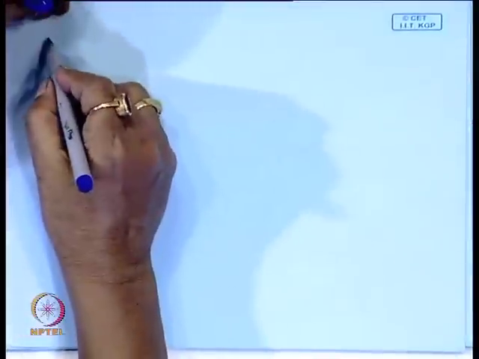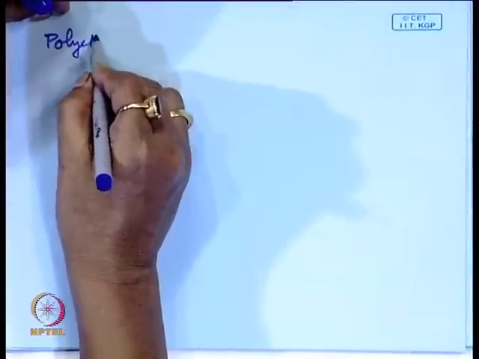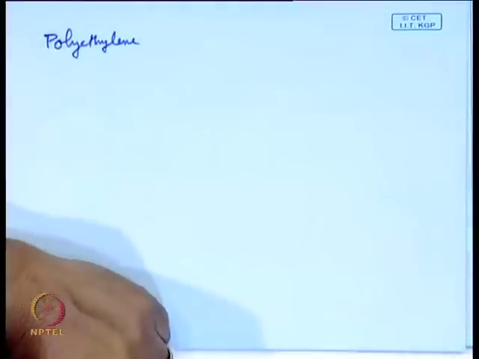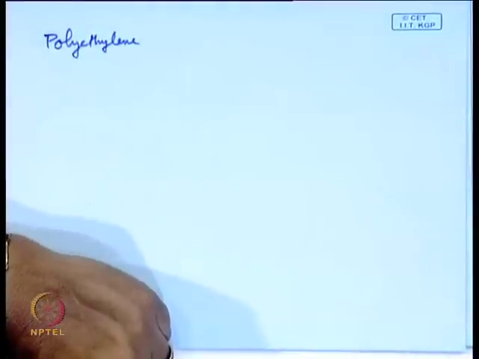I give you a simple example. Say you have in your hand polyethylene, a polymer material. You want to make a fiber. Yes, you can do. Polyethylene is hydrophobic in nature. You want to make it hydrophilic. Yes, you can do by chemical modification.